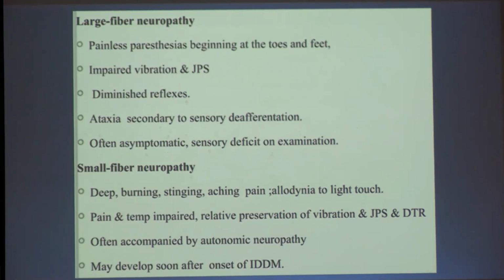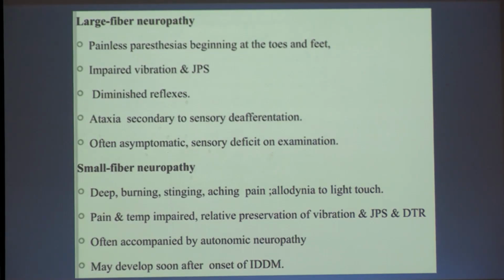So both sensory and motor function are concerned with the large fiber, sparing the small fiber that is concerned with pain and thermal sensation. Large fiber is concerned with motor and sensory, particularly proprioception and vibration sensation. So large fiber carries proprioception and vibration as well as motor commands to the muscles.